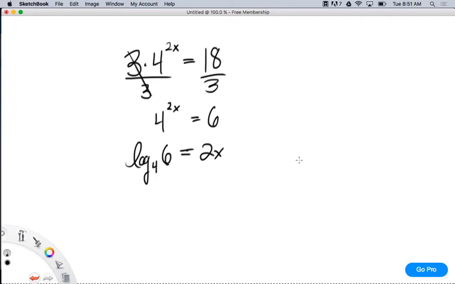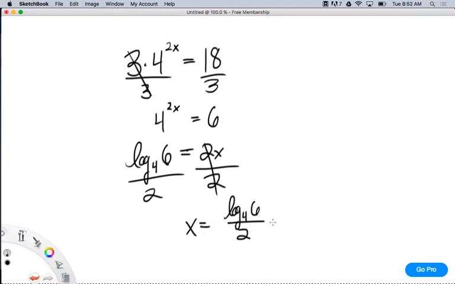I am not going to do what Khan Academy did and say, you have the 2 different answers. Remember that? I'm just looking for the answer. So you just divide by 2. That cancels out, and you're left with x equals log base 4 of 6 over 2, which is, you get log base 4 of 6 is log of 6 over log of 4 using the change of base, and then you just divide your answer by 2.